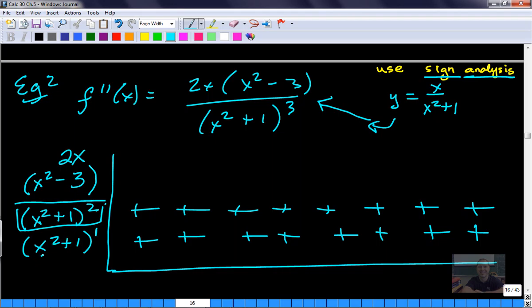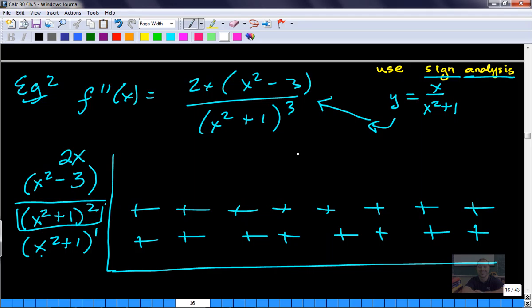And again, the same logic: x squared plus 1 equals 0. What value for x when squared gives you a negative 1? There is none. So this whole denominator is positive everywhere, but you might not see that right away. If you were smart enough to see that before we did all this, good on you. Great job. Let's focus on the top then, real quick.